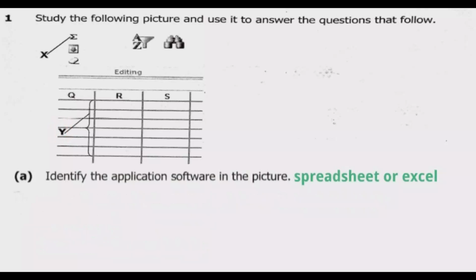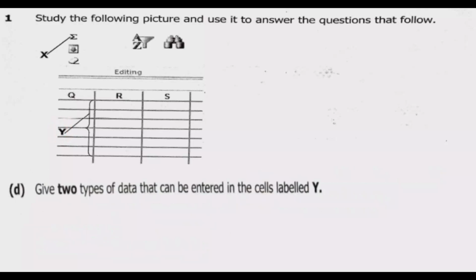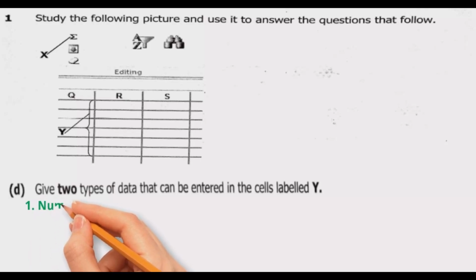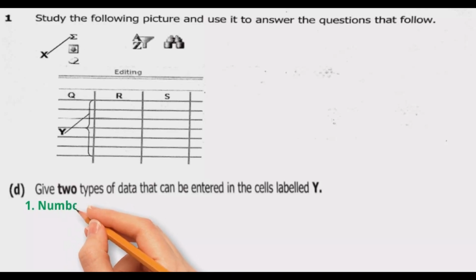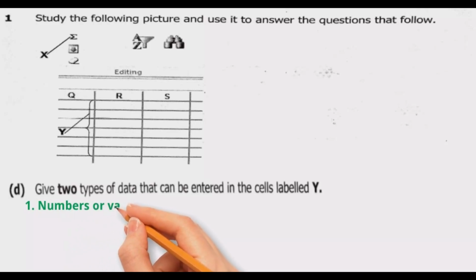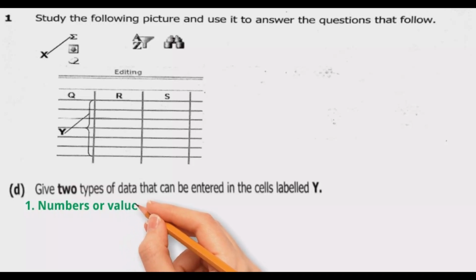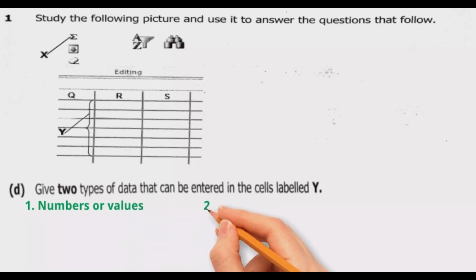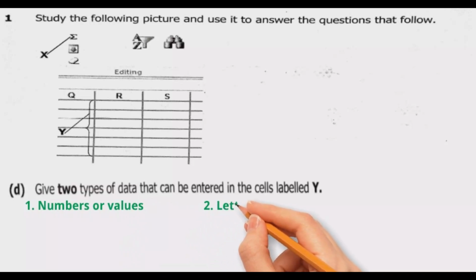We go to question number 1D, which is give two types of data that can be entered in the cell labeled Y. One, numbers or values, you can enter them in those cells that are labeled Y. We can also enter letters, like you can enter A or B in that cell.